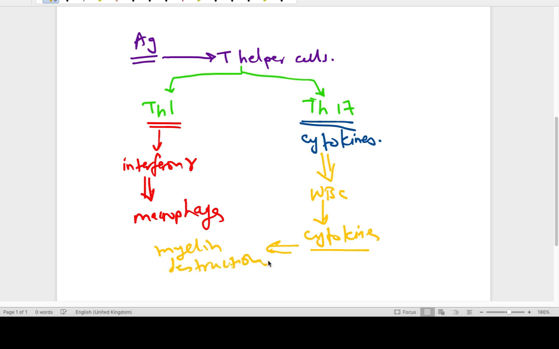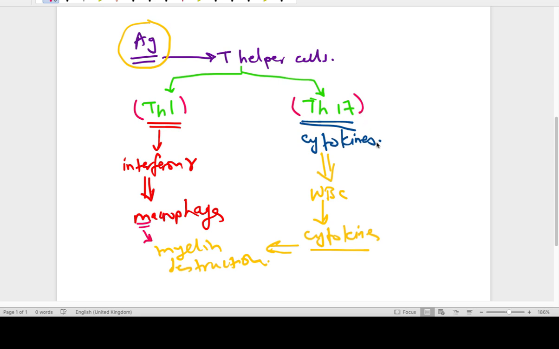So, كيف بصير المالتيبل سكليروسيس؟ القصة تبدأ بأنتيجين from myelin, a self-antigen. And the self-antigen is recognized by helper cells which differentiate into mainly T helper 1 and T helper 17. T helper 1, زي ما بنعرف, produces interferon gamma that recruits macrophages which cause tissue destruction and phagocytosis.